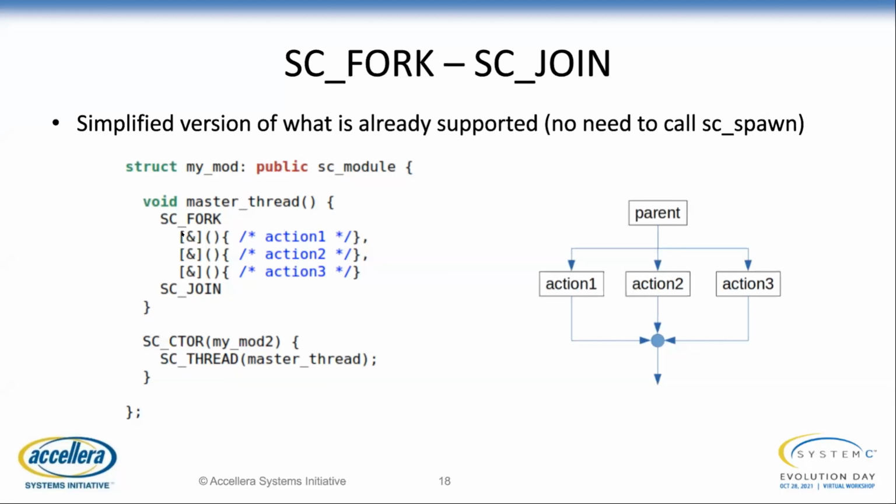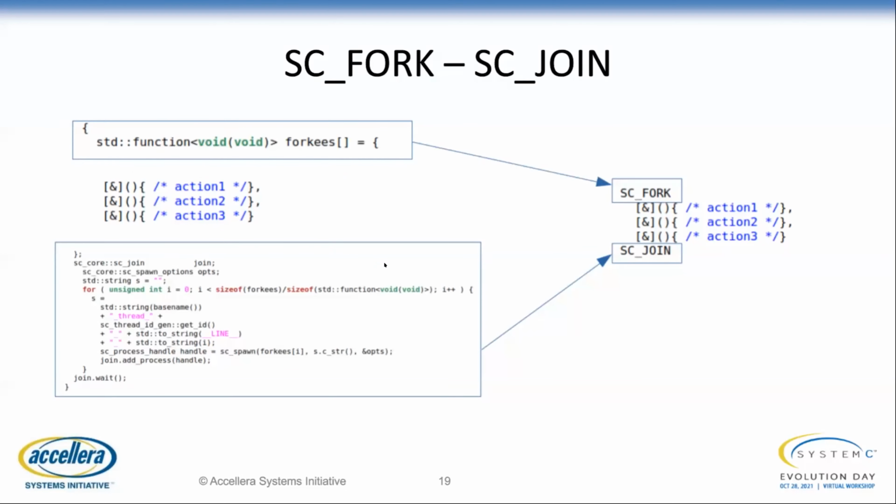What you do is define a list of lambda expressions, one lambda for each thread. And that's pretty much it. You code the logic of your threads inline exactly where they are forked. You don't have to predefine a function or a method and then pass a pointer to sc_bind and pass that to sc_spawn. So it's more direct and easier to do.